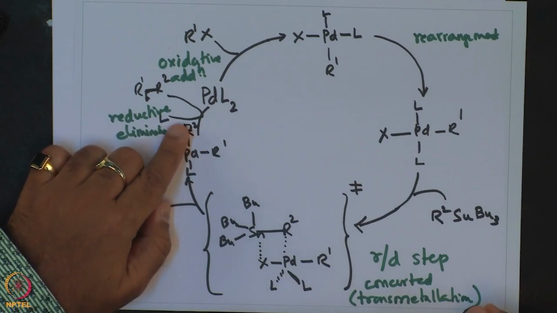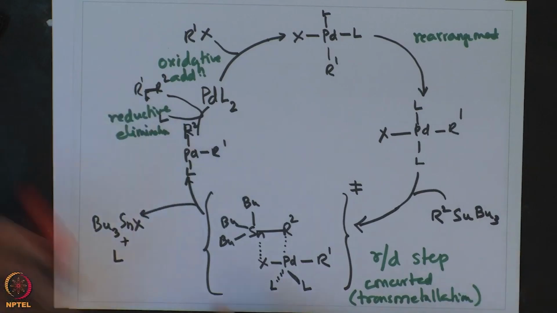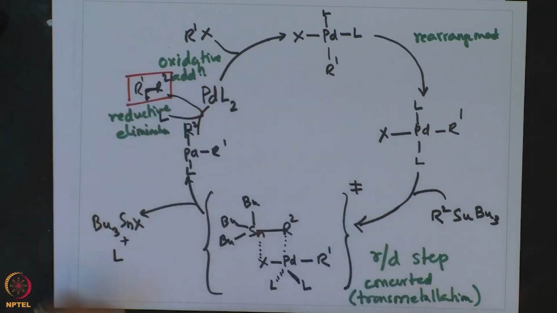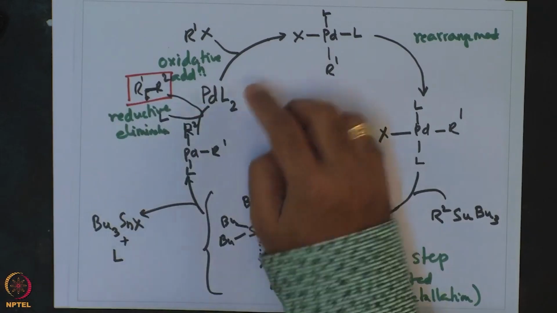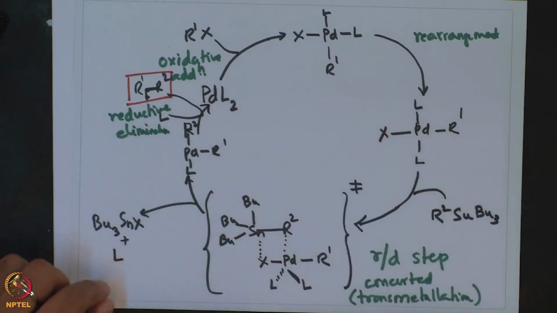So, it readily undergoes reductive elimination to give the desired product, which is the R1 R2 coupled product. It is marked in red along with the formation of the starting precursor, which is PdL2.